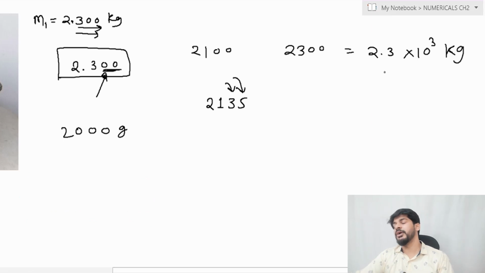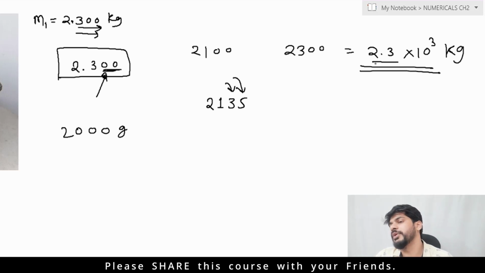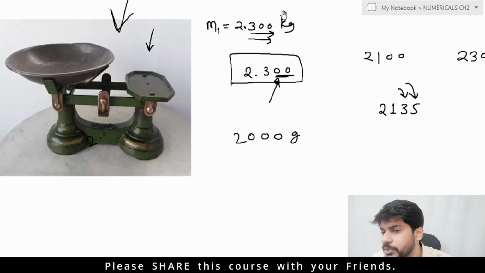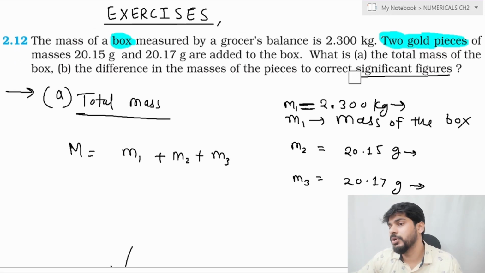That is how we can write it. Here we can see there are only 2 significant figures. This is what I am trying to tell you: even though this number looks as if it has 4 significant figures, it does not have 4. It has only 2 significant figures.